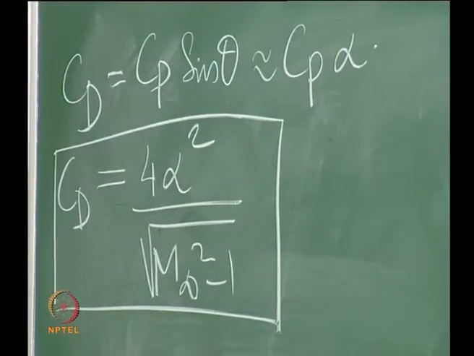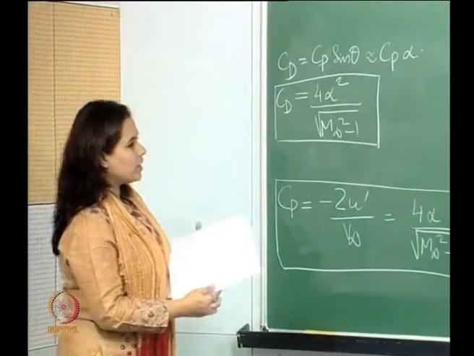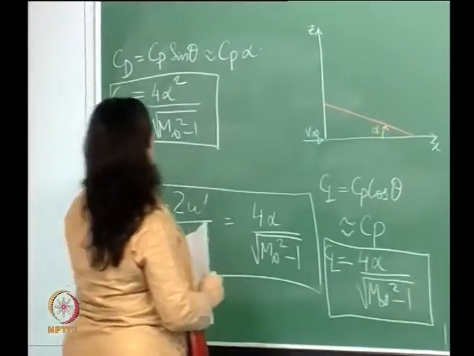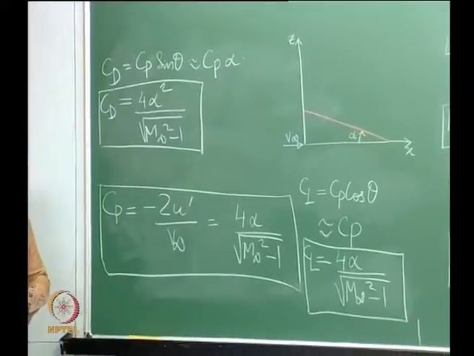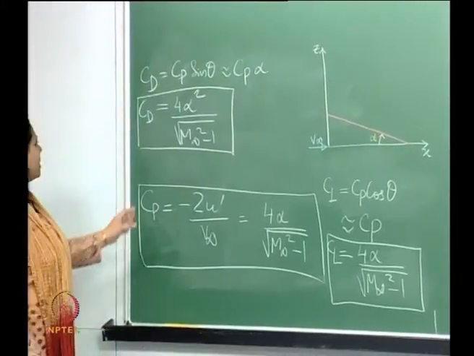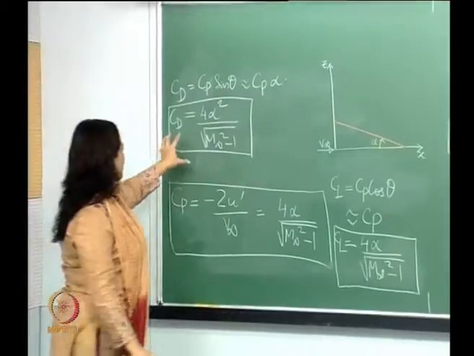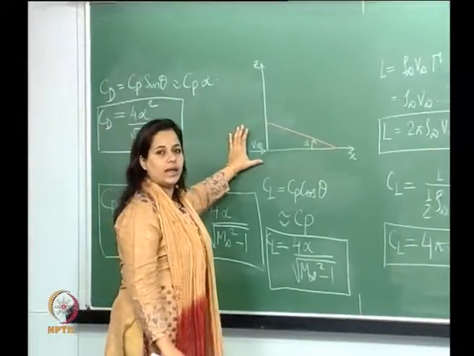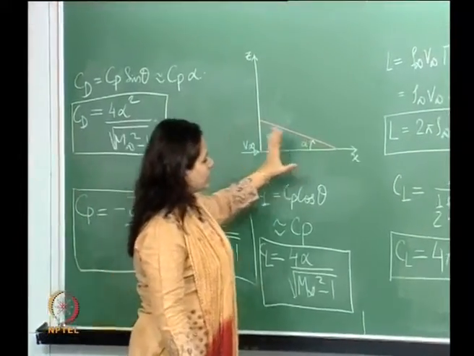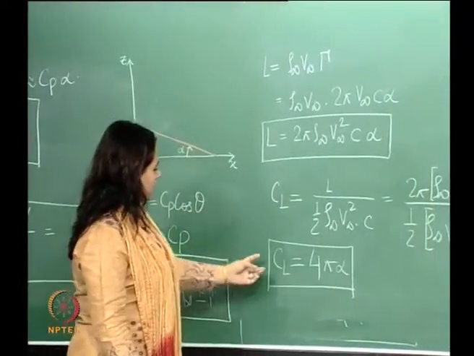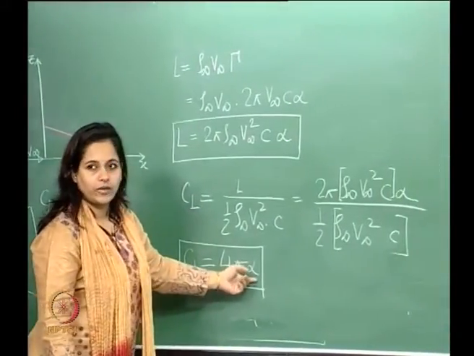Okay. So, now you can clearly see the difference between the thin airfoil theory and using the perturbation theory with a correction to get Cl and Cd for the same airfoil. I used the thin airfoil theory and got a Cl of 4 pi alpha over here.